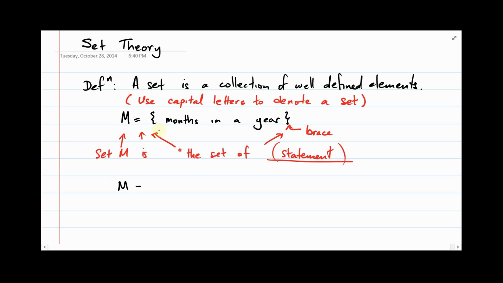We could list them all and we could talk about January, February, etc., March, and I think you get the idea, all the way down to December.